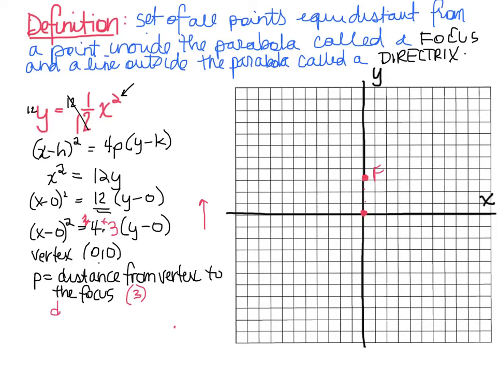It is also the distance from the vertex to the directrix. So the directrix is also going to be 3 units away, and remember the directrix is actually a line. So the equation of the directrix is y equals -3.